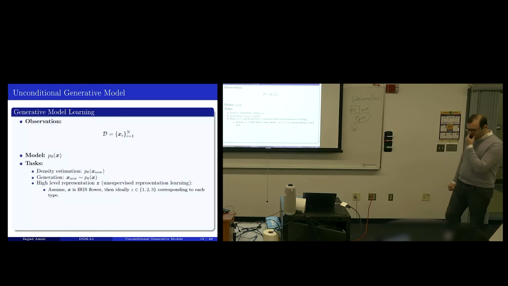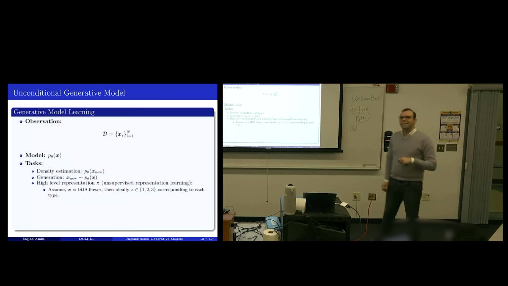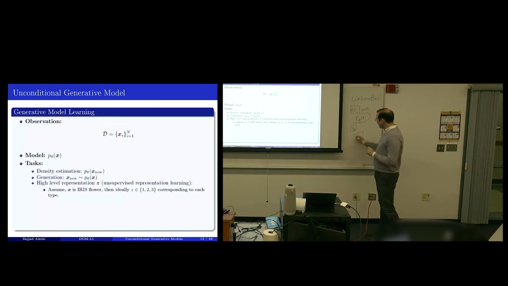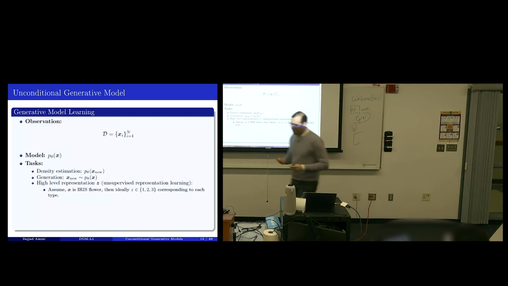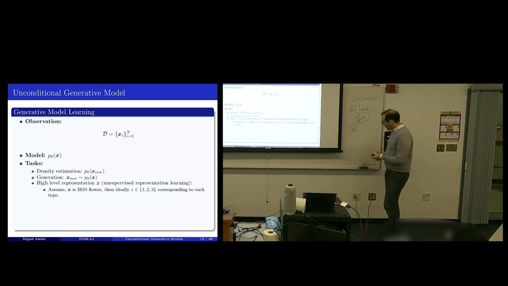What does it mean? For example, consider the iris dataset. If you look at the dataset in a high dimension, which we do not know, for example, Z1 versus Z2, you can see there is a suitable subspace, a two-dimensional subspace.